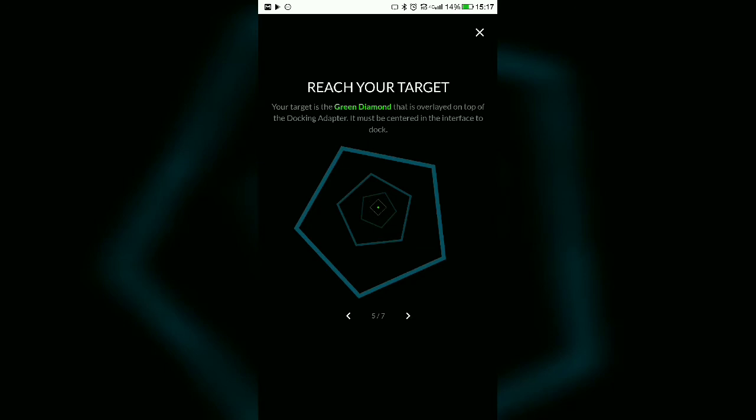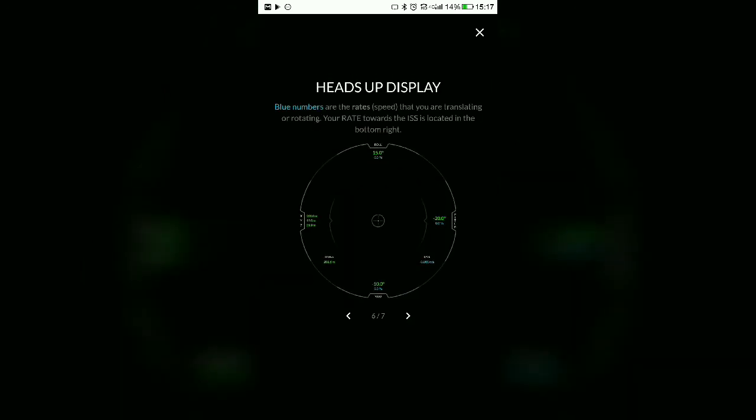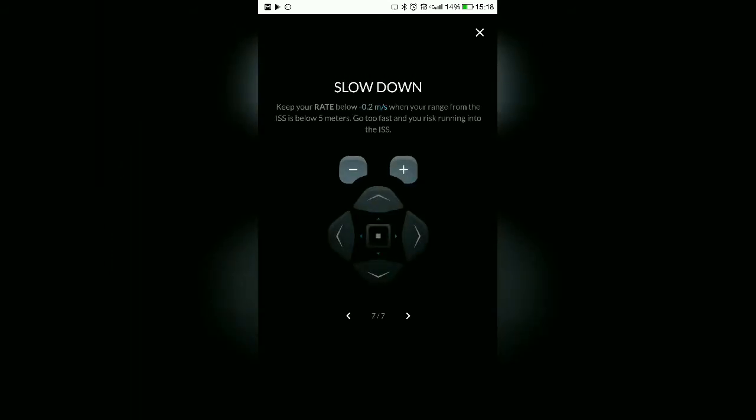Remember, the docking has to be very slow and steady. It's a head-up display: the rolling angle, the pitching angle, the amount of roll, the amount of pitch will all be on screen in front of the eyes of the astronauts.